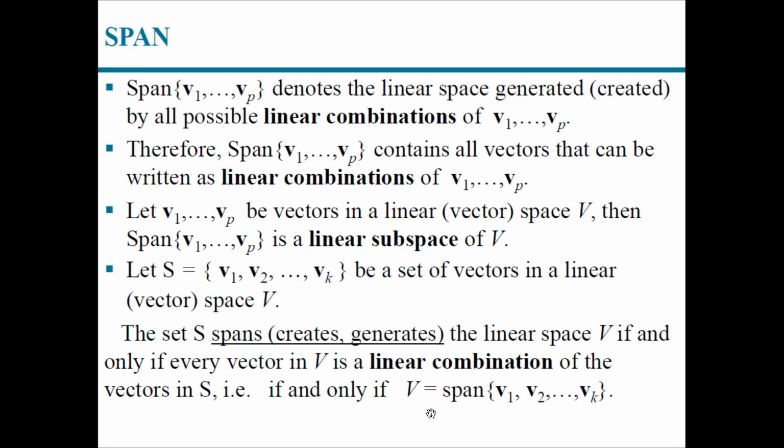So then we can say that the set S spans or creates the linear space V. And again, span is just linear combinations of vectors. That's all it is. All linear combinations put together, and it's a linear space.